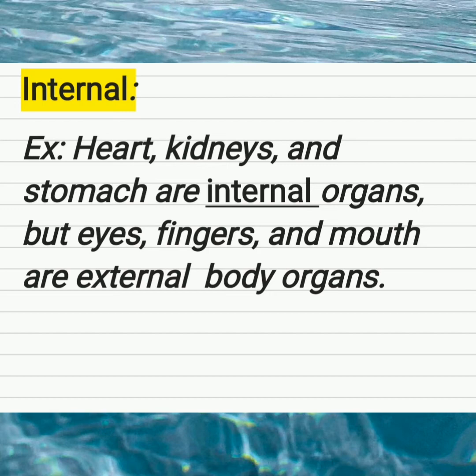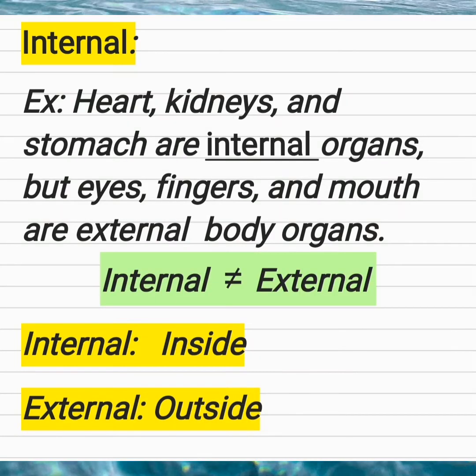Internal. I think you have noticed that internal is the antonym of external. Internal means inside, but external means outside. Thus, internal organs are the organs that are inside us, inside our body.